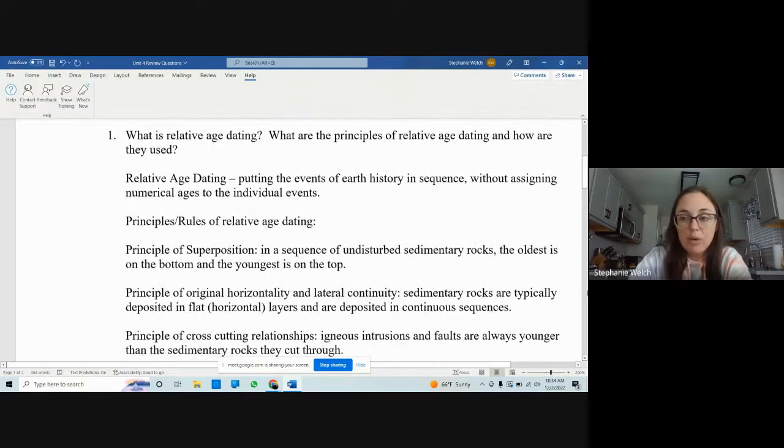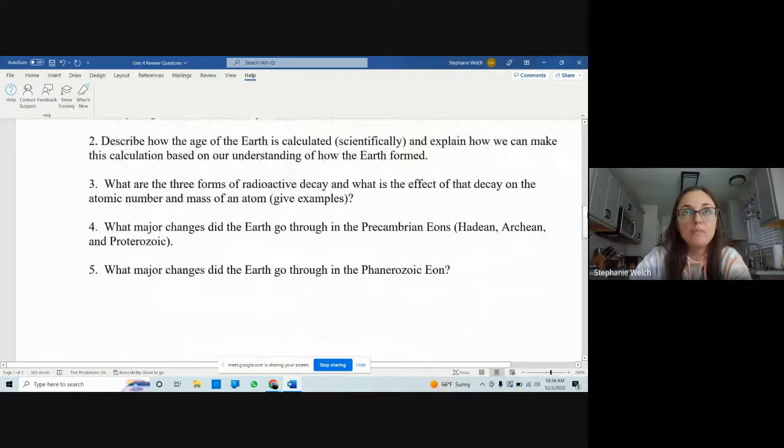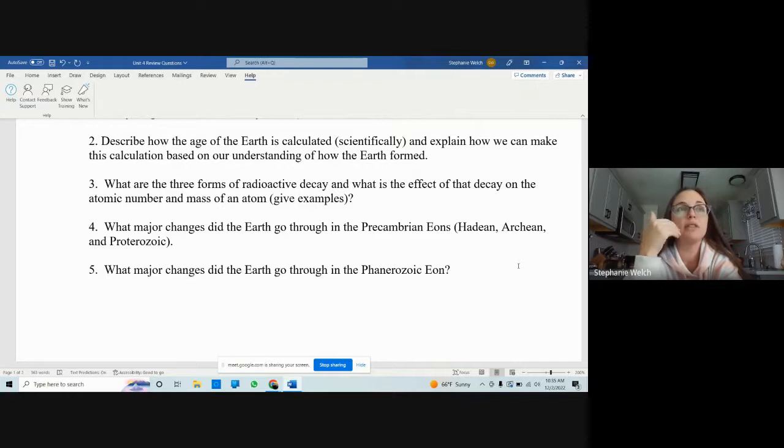So that's number one. That's basically lecture 20, in a really sort of broad overview with a little bit of detail missing. We cover things like unconformities, principle of uniformitarianism, some other things that are part of that lecture too, and some really good images.